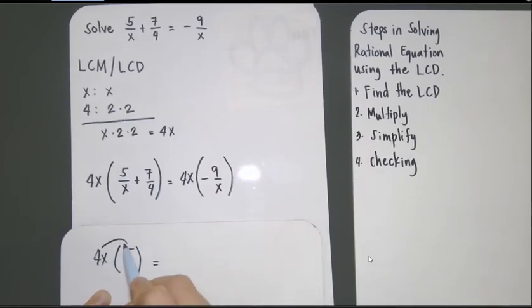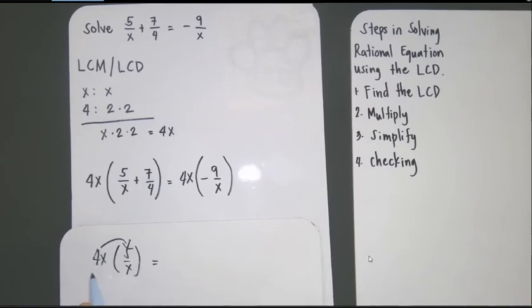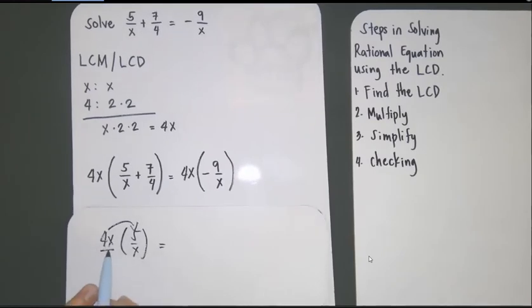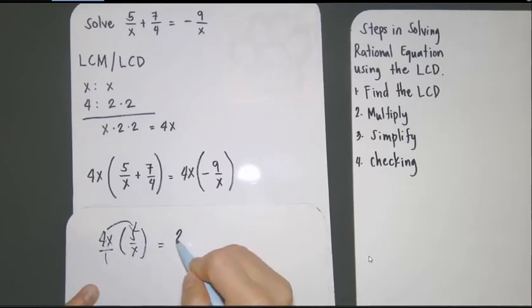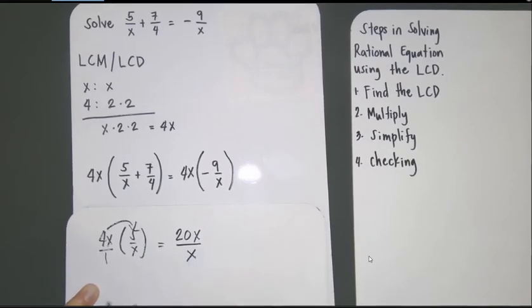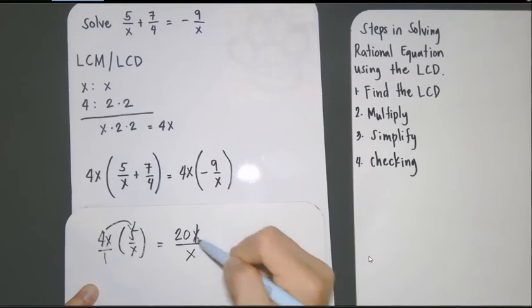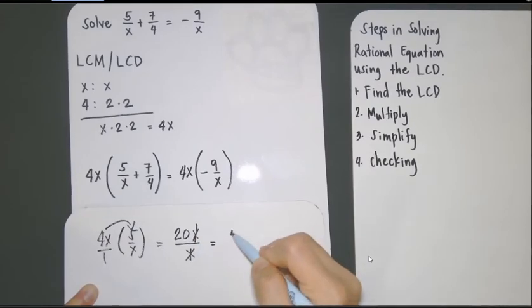You want to distribute that. Remember, we need to express 4x as a fraction. So 4x times 5 will give us 20x, then 1 times x will give us x. We cancel x, and now we're left with 20.